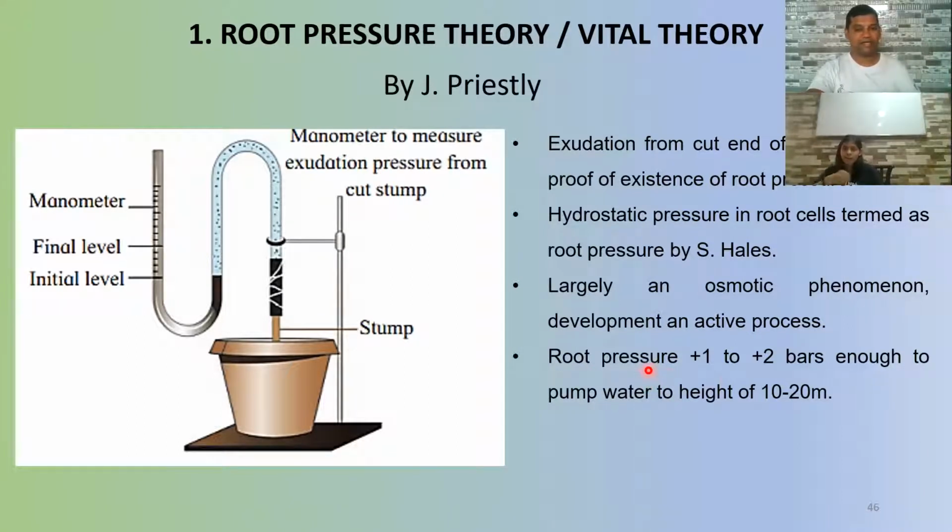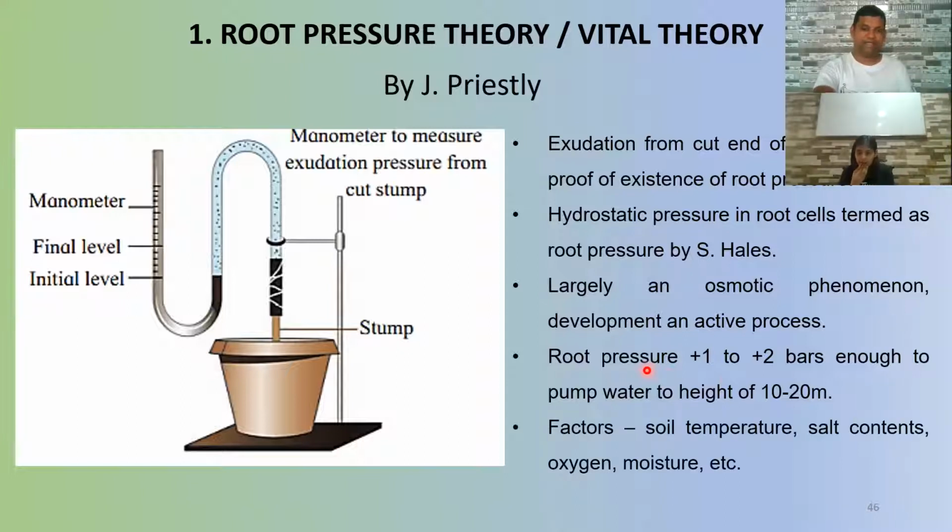This water pressure was measured by the manometer. And then of course it depends upon other factors also, like the temperature of the soil, the amount of salt content, oxygen levels, moisture content; all these will also play a role.